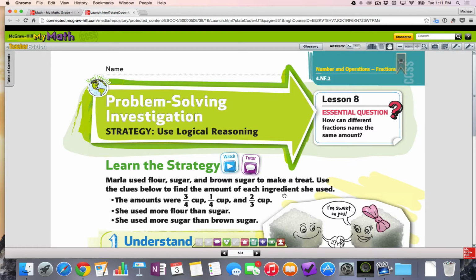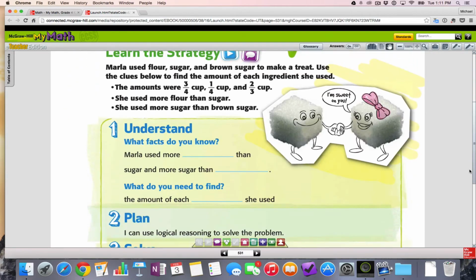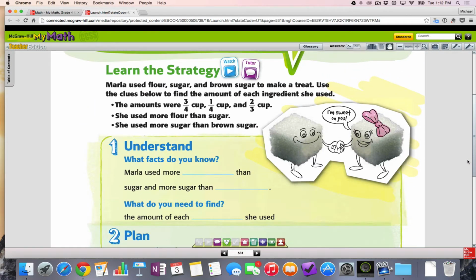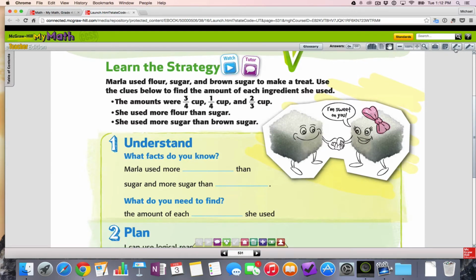She used more flour than sugar, and she uses more sugar than brown sugar. So Marla used more flour than sugar. So our first empty spot here should be flour.